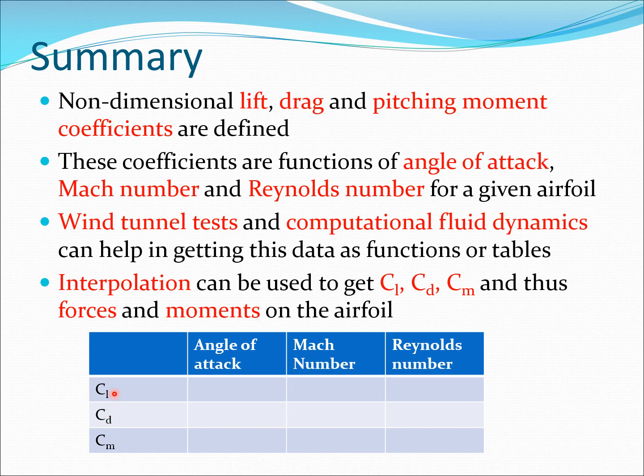So here I have mentioned CL, CD, CM. You have different angles, you have Mach numbers and Reynolds numbers. And so if you have ever taken a numerical analysis class, you know there are interpolation techniques which can easily be used to find precisely, at the alpha you are at, the M you are at, the Reynolds number you are at, what is the value of CL, CD and CM.